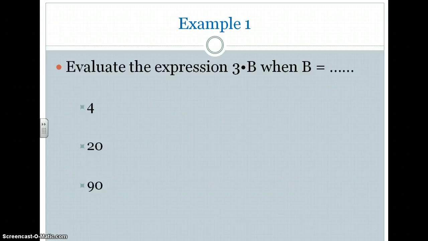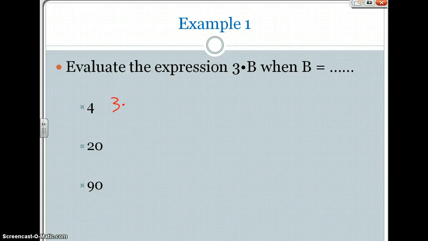Okay, evaluate the expression 3 times b when b equals 4. That's 3, and we'll substitute 4 in for b, which will give us 12. Alright, when we have 3 times b and b equals 20, we'll substitute 20 in for b, and that'll give us 60.